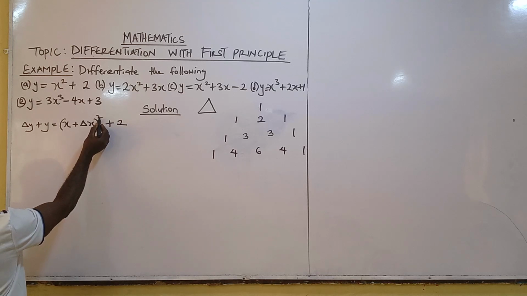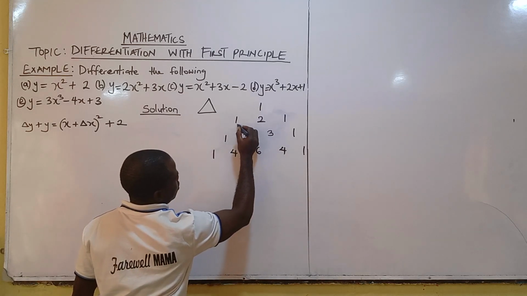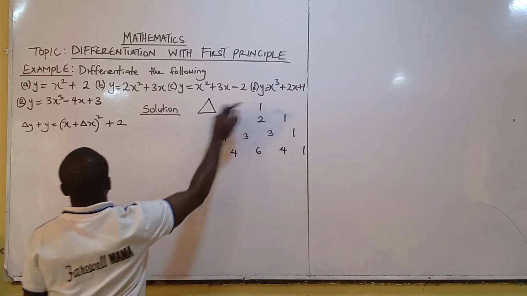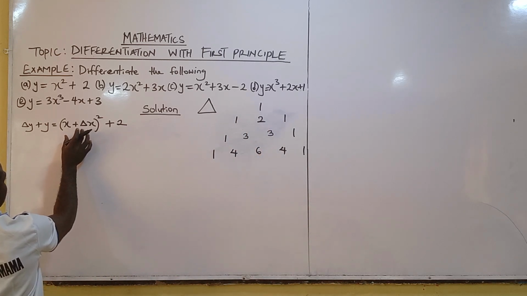Now let's go ahead. You see that this one is squared, so you are picking this row, 1, 2, 1. You are not picking the other rows here.